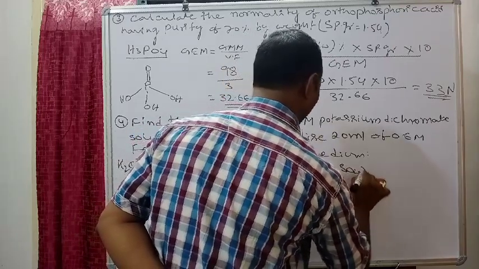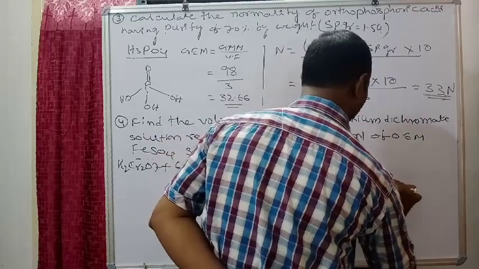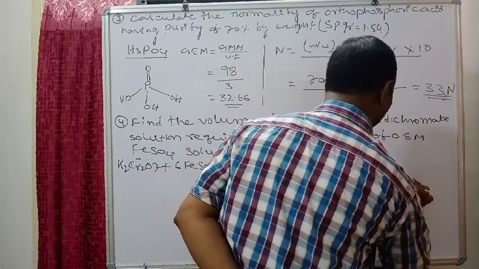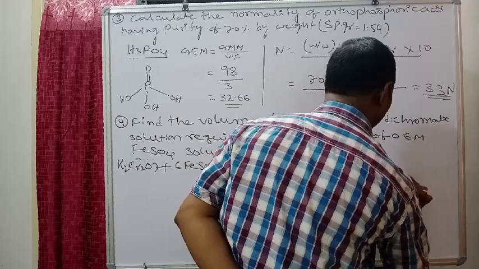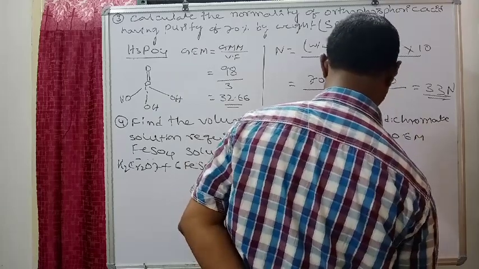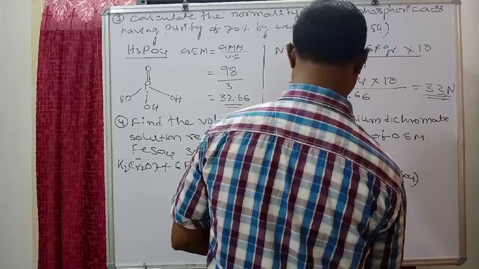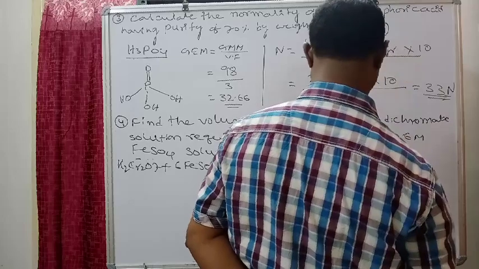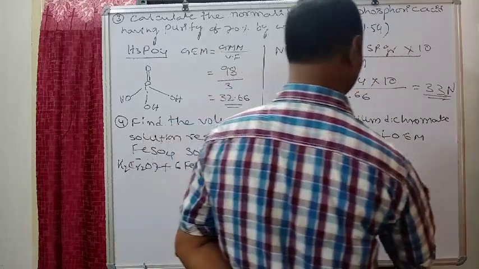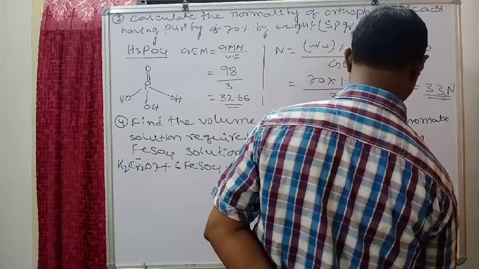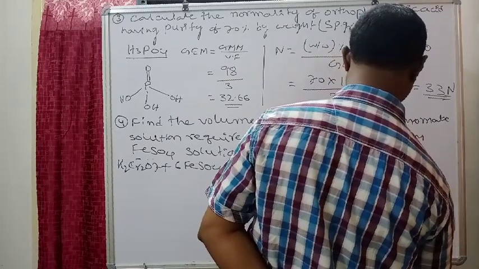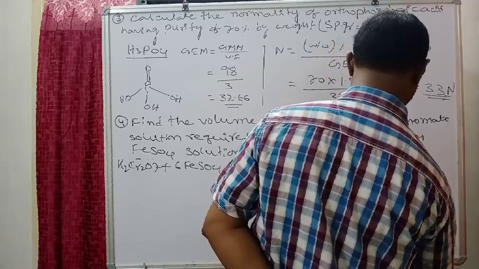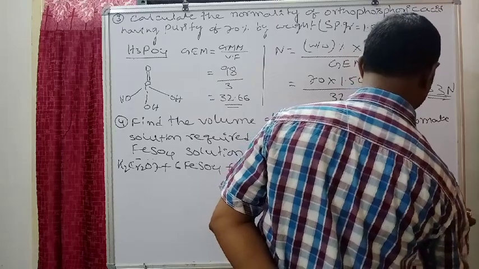3 Fe2(SO4)3, taken thrice, plus Cr2(SO4)3, plus K2SO4 plus H2O.